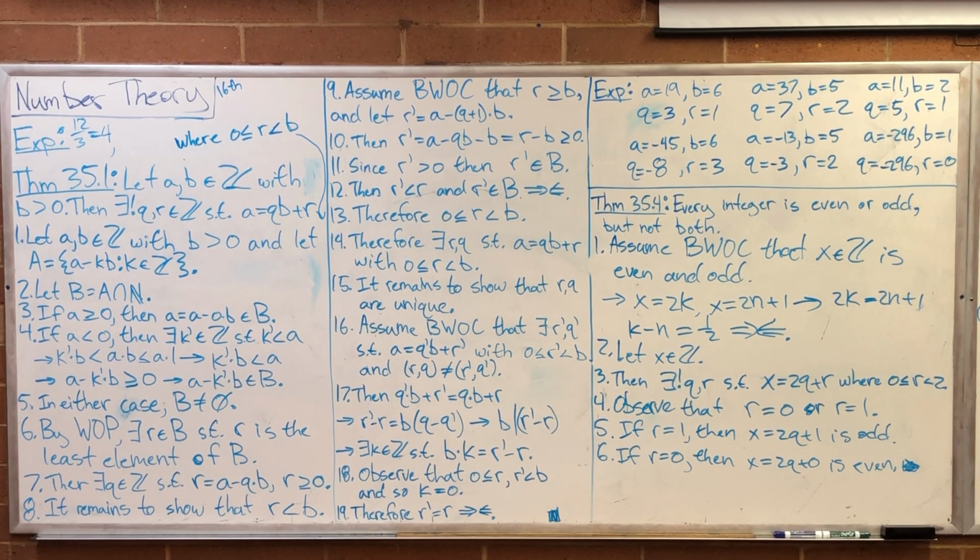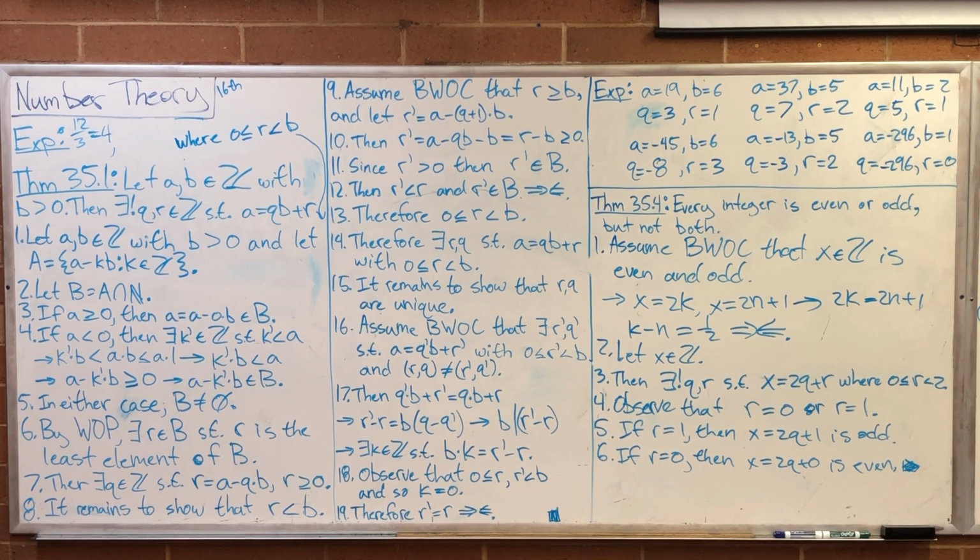So by 35.1, there exists Q, R, and Q prime, and R prime, unique ones, such that A is equal to Qn plus R, B is equal to Q prime n plus R prime, where 0 is less than or equal to R is less than n.